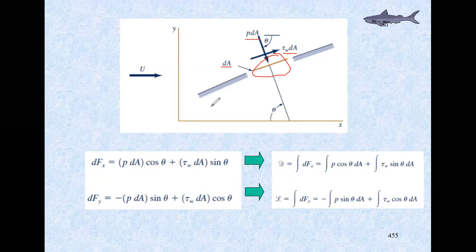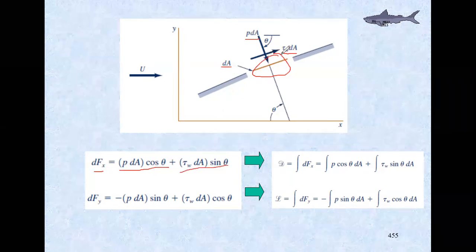So in the x direction, you will have dFx equal to p dA cosine theta, where theta is the angle between this and the reference, plus tau W dA sine theta.